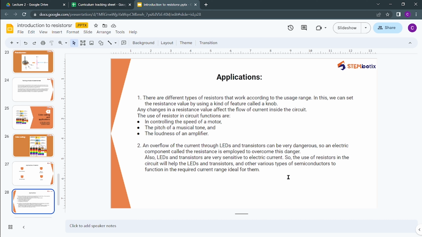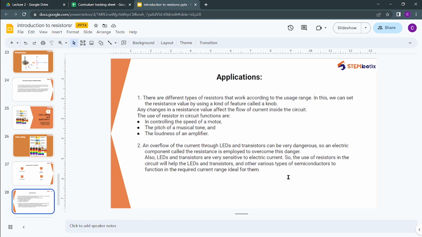So the use of resistors in the circuit will help the LEDs, transistors and other semiconductors to function in the required current range. Employing a resistor with LEDs and transistors will limit the current passing through them and similar devices, and it will not burn out the device or component. So for operating it safely, we can employ resistors.